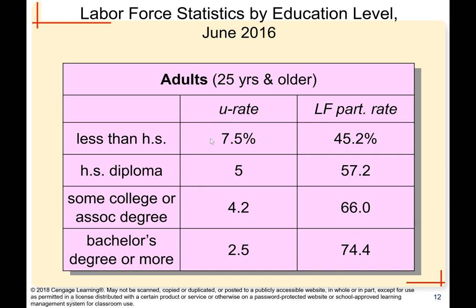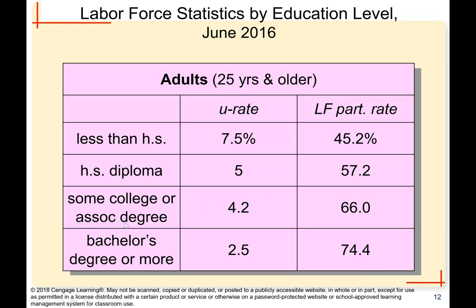If you group it by education, adults 25 years or older, less than high school, have a slightly higher unemployment rate, 7.5%, and their labor force participation rate is 45.2%. Those with a high school diploma have a slightly lower rate than people with less than high school, so that would be 5% unemployment rate, and their labor force participation rate is 57.2.